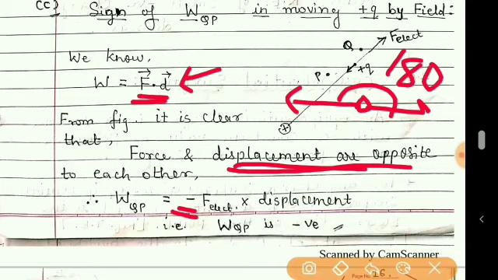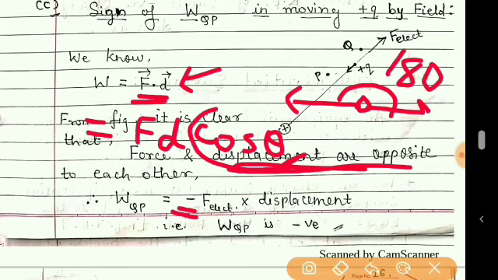And when we remove this dot product, we know that we used to write F D cos theta, and if theta is 180, then cos 180 will be -1, and so there will be a negative sign, and hence we can say that the work done by the field will be negative.